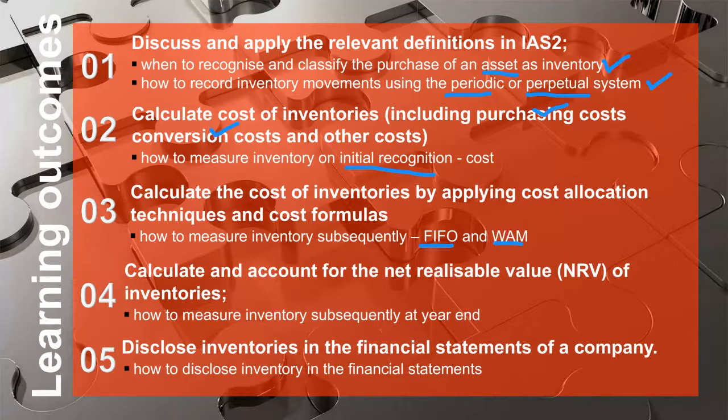So that's going to be lecture 5, and then in lecture 5 and 6, the second half of 5 and the whole of 6, we're going to introduce this topic of net realizable value. Now, this again is a very important topic. Net realizable value is a test that we do for inventory. I'll explain it in detail later. But what I've noticed is that students often forget to do the net realizable value part of a calculation.